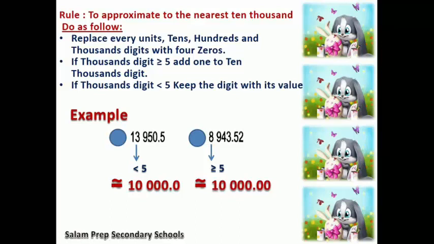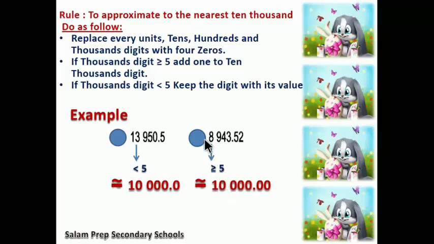We will write 0 in the decimal part, 0 in hundredths, 0 in tenths, point, 0 in units, 0 in tens, 0 in hundreds, 0 in thousands, okay?